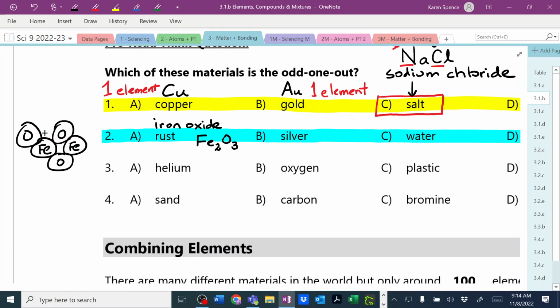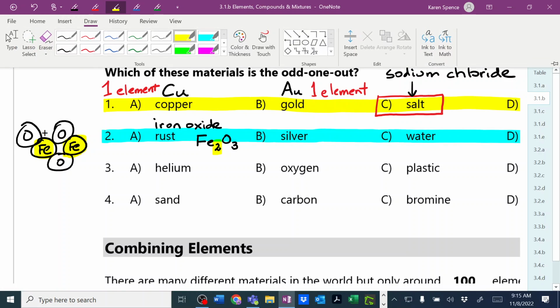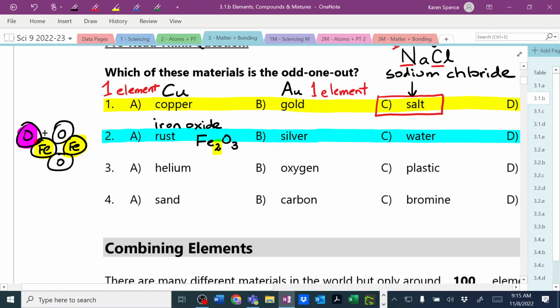You have a little clump that involves 2 iron atoms. So Fe2, that's our little 2. And then we have the O. We have 3 of them. So that's where those little numbers come in.